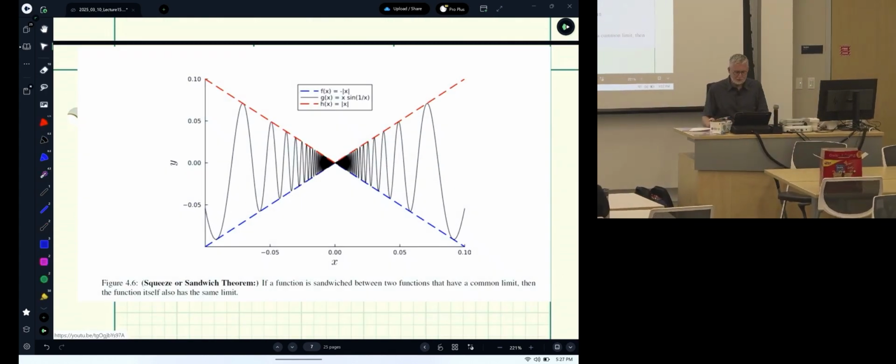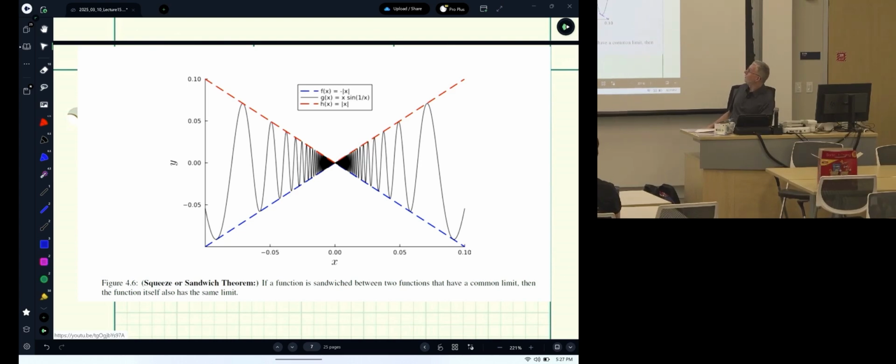Okay, this is a reminder on the squeeze theorem. The squeeze theorem says, I have a really gnarly limit I'm trying to evaluate, and maybe the function is insanely complicated or I don't know enough about it, but I can bound it by 2 other functions.